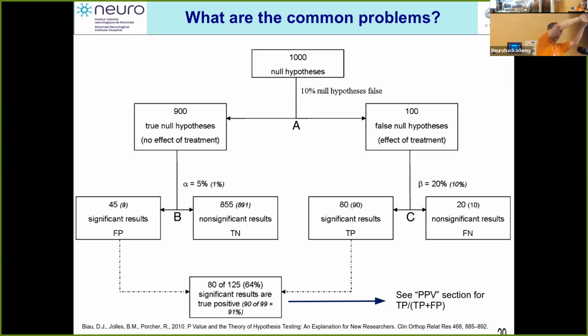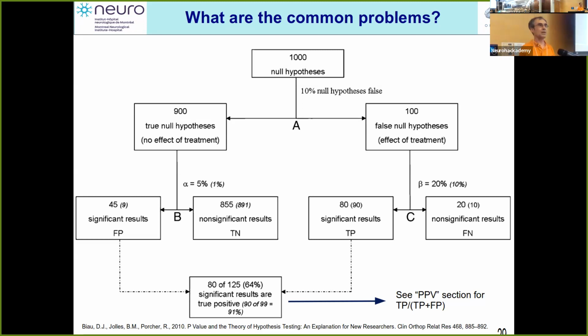So 10% of actual H1 are true, and 90% of H0 is true, and then you go through your test and your power in those two situations.